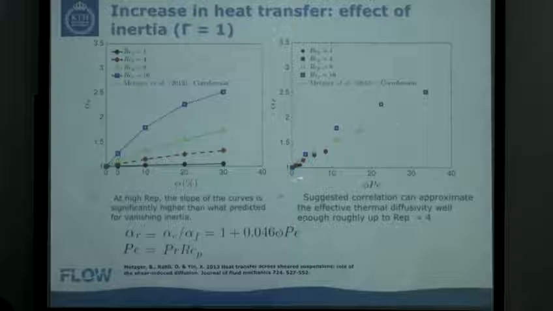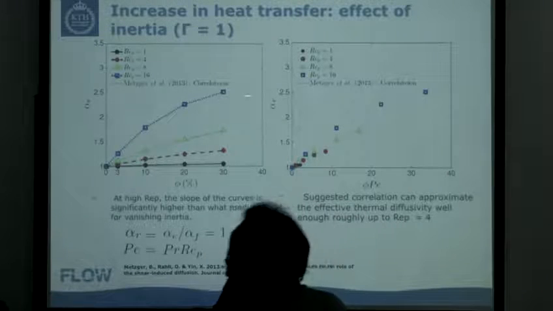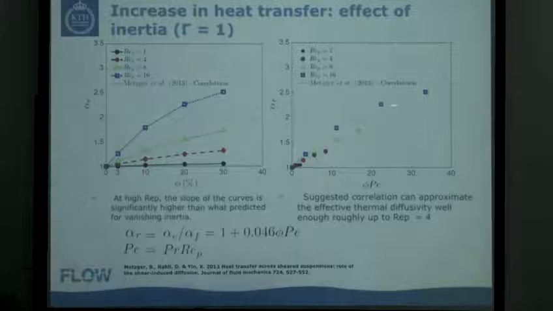We see that we follow this, but of course, when the particle Reynolds number is relevant, so the inertia matters, we depart from this theoretical prediction. At high volume fraction, as in the experiments, we see that there is now a sort of saturation. We'll get back to this.